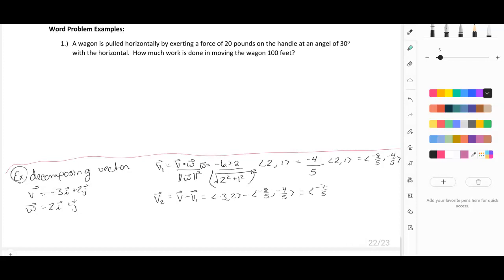Negative 7 over 5 is my first component. 14 over 5 is my second component. So this guy, V1, is parallel to W. V2 is orthogonal to W.